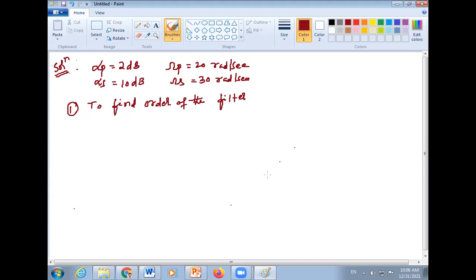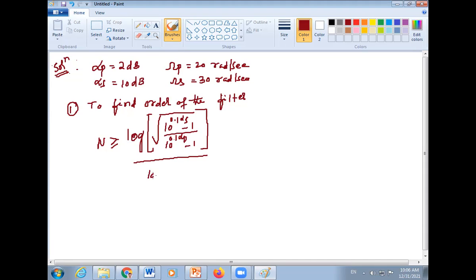So we know the formula for the order of the filter, that is n greater than or equal to log of root of (10 to the power 0.1 alpha s minus 1) divided by (10 to the power 0.1 alpha p minus 1), divided by log of omega s by omega p.